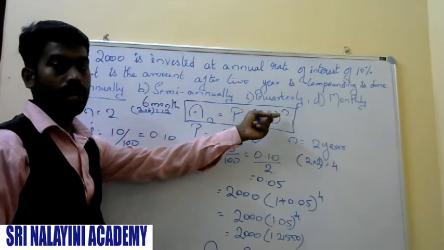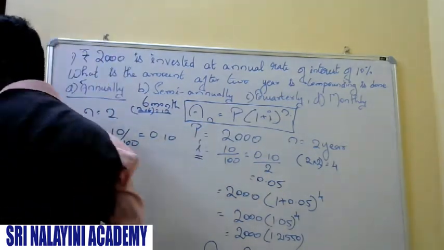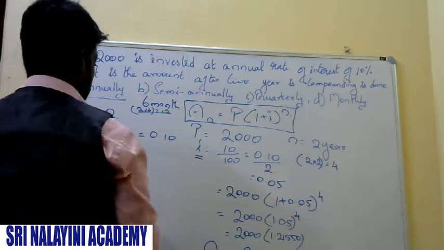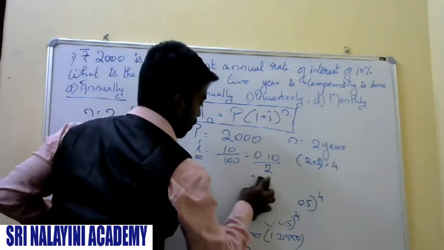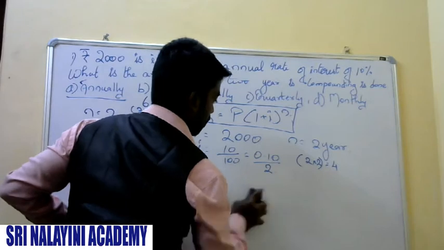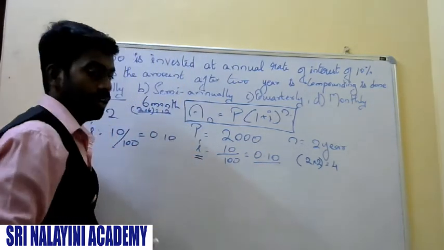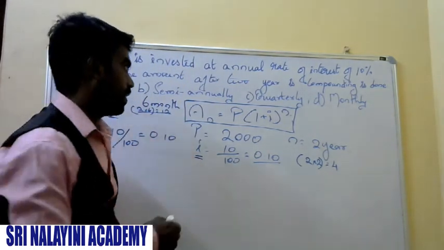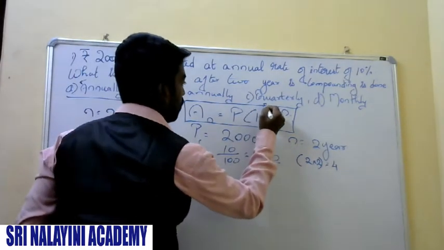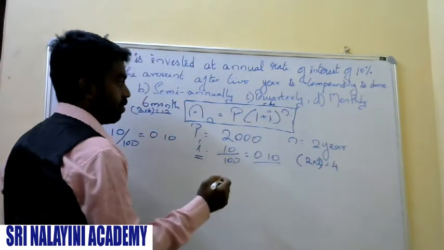Now we are going to see quarterly. In a year, there are 4 quarters. 4 quarters is equal to 1 year.